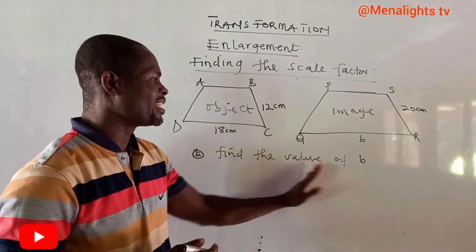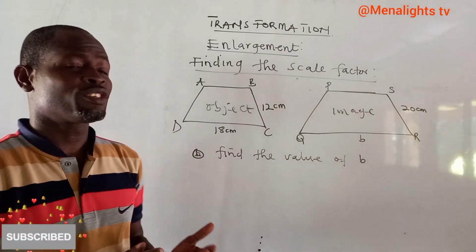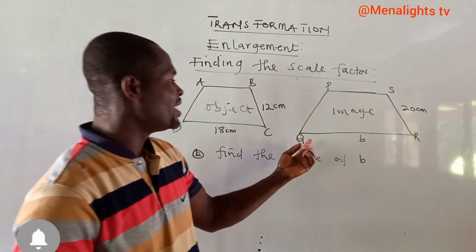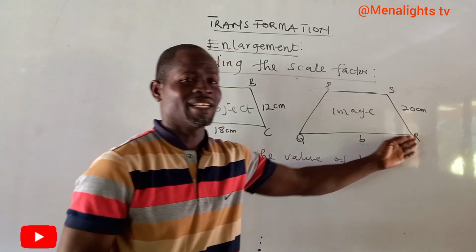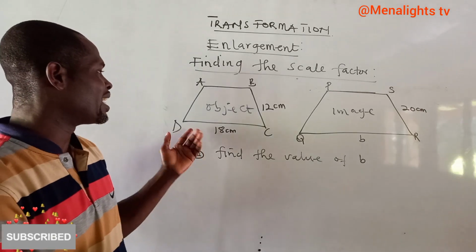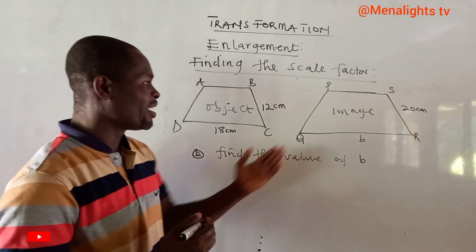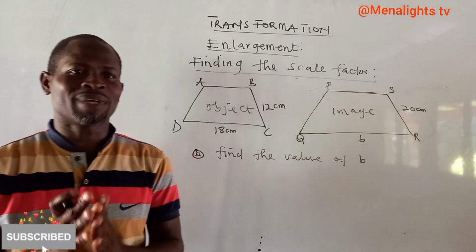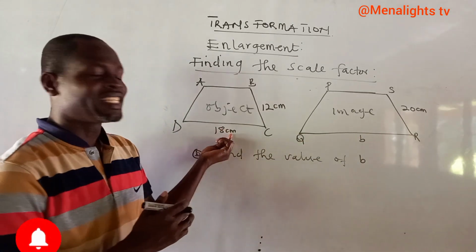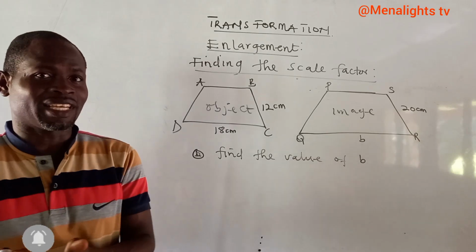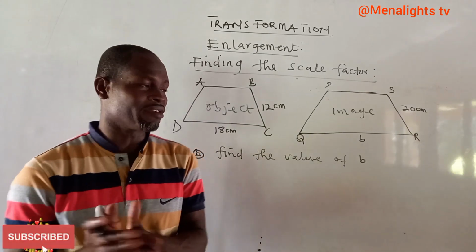Here you have to find the value of B. Looking at this, you see that B is the QR, and this QR is similar to the line DC. So for us to find the value of B, we need to multiply the 18 centimeters by the scale factor, which is 5 over 3.